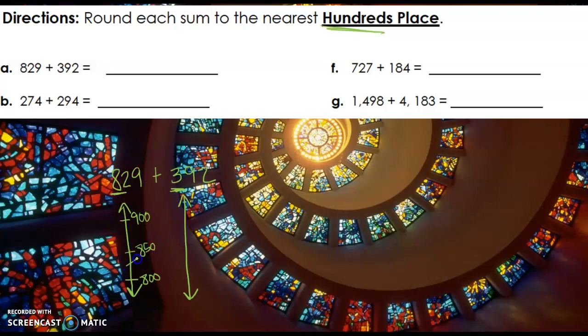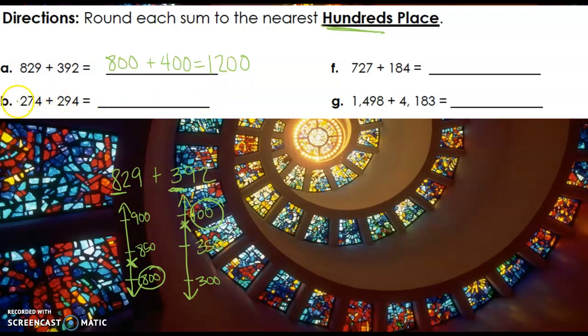So 829 would be below the middle, so it's going to round to 800. 392, you have 3 hundreds, so 300 is your floor, your ceiling is 100 more, so 400, 350 is your midpoint, 392 is above the middle, so that one goes to 400. So now we have a rounded problem, 800 plus 400, and let's see, 8 plus 4 is 12, so you have 12 hundreds. Okay, so we've rounded it, our answer's already rounded. We don't need to even do anything with our answer.